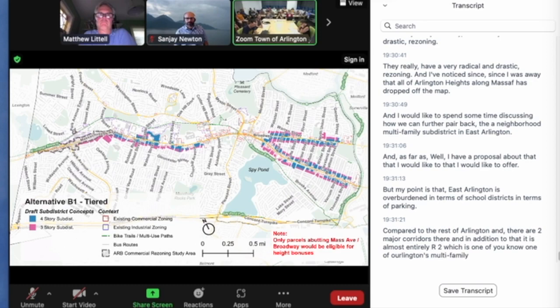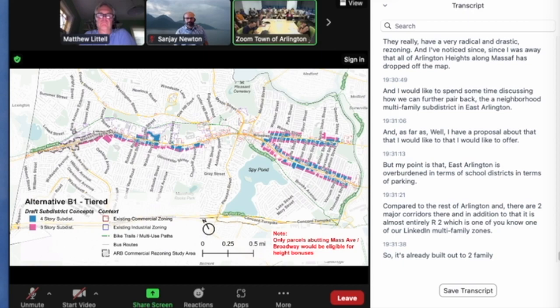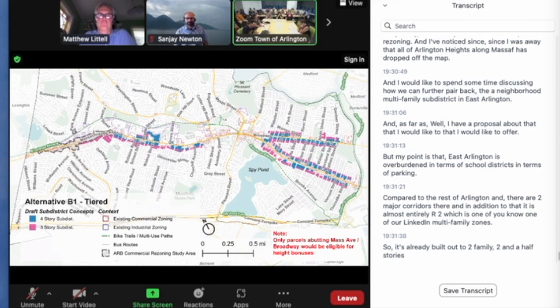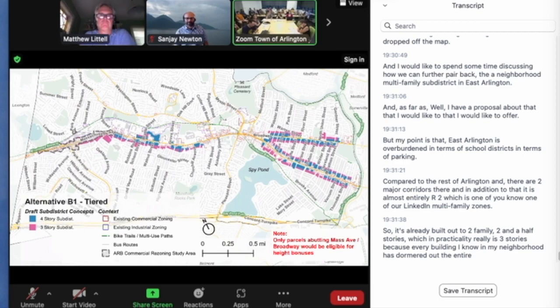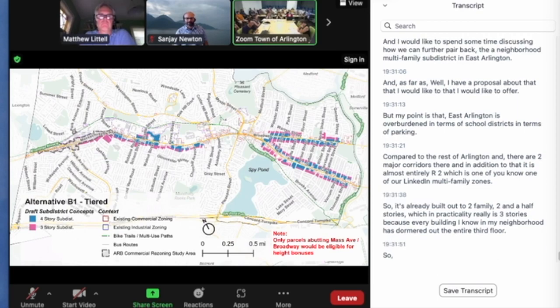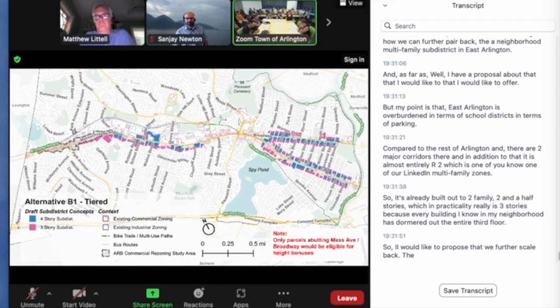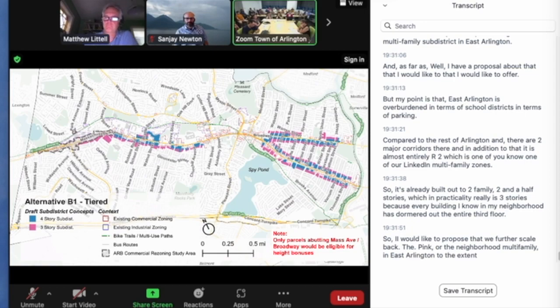So it's already built out to two-family, 2.5 stories, which in practicality really is 3 stories, because every building I know in my neighborhood has dormered out the entire third floor. So I would like to propose that we further scale back the pink, or the neighborhood multifamily, in East Arlington to the extent that we remove it entirely.